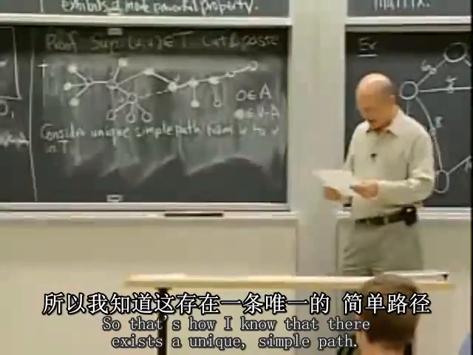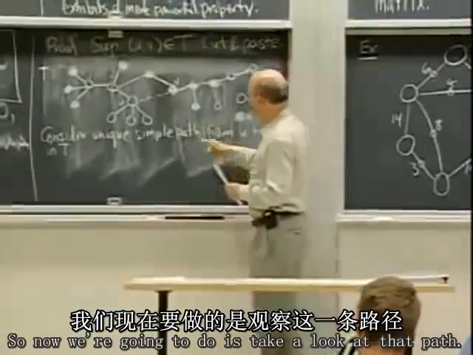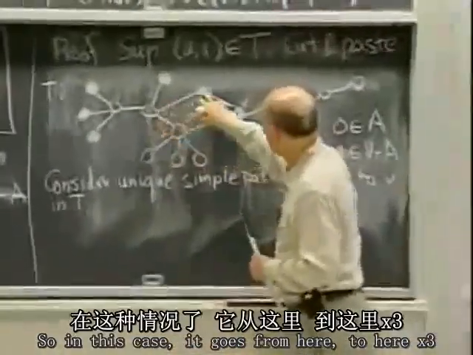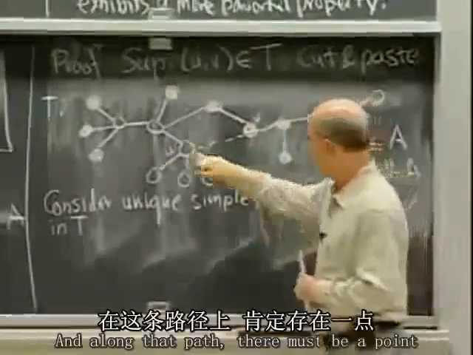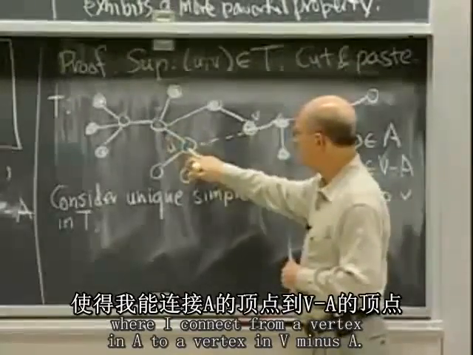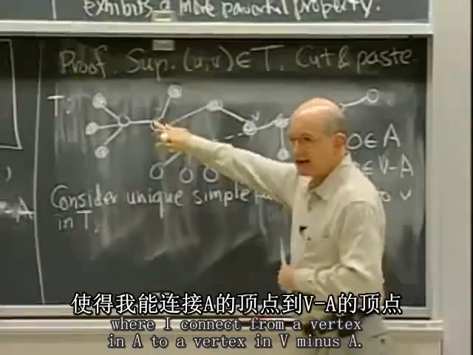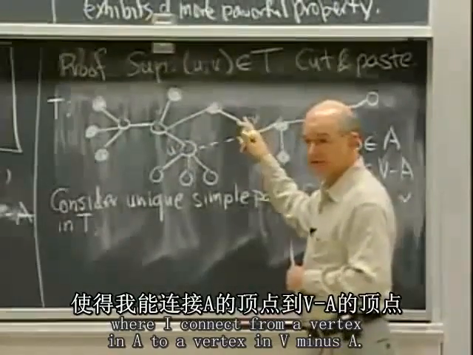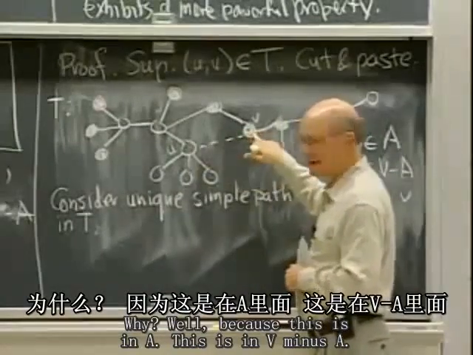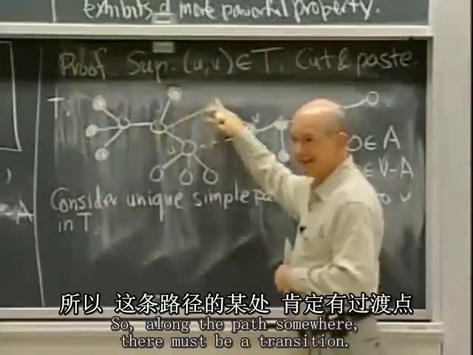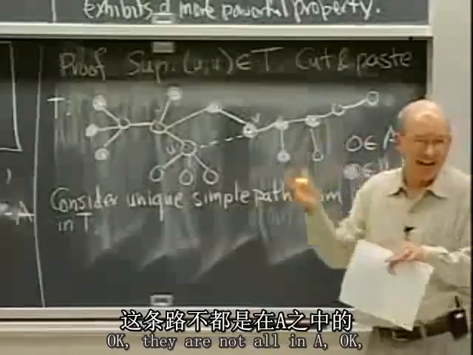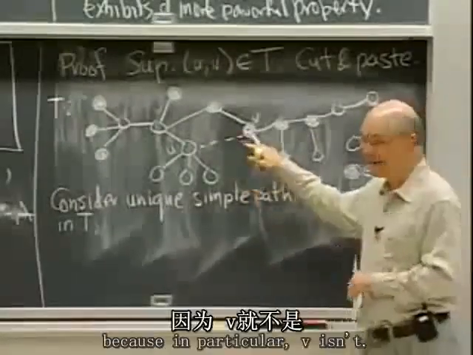So that's how I know that there exists a unique simple path. Now what we're going to do is take a look at that path. In this case, it goes from here to here to here to here. And along that path, there must be a point where I connect from a vertex in A to a vertex in V minus A. Why? Because this is in A, this is in V minus A, so along the path, somewhere there must be a transition. They're not all in A, because in particular V isn't.